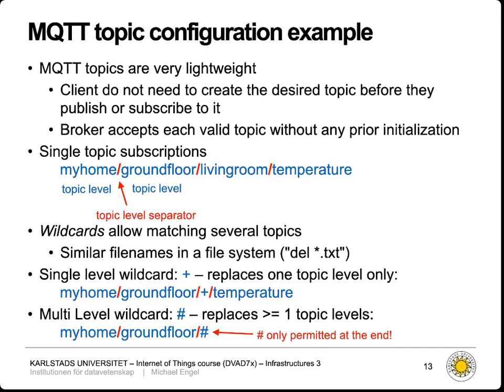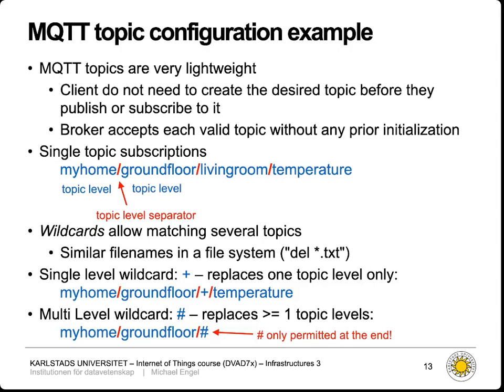This is similar to when you want to delete all text files in a certain directory. You would, in an MS-DOS shell, type del *.txt, and it would look up all the files ending in .txt and then delete them. Now, something very similar is available in MQTT. In MQTT, we have two wildcards. We have a single level wildcard.